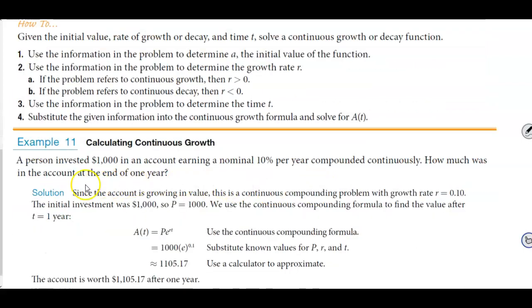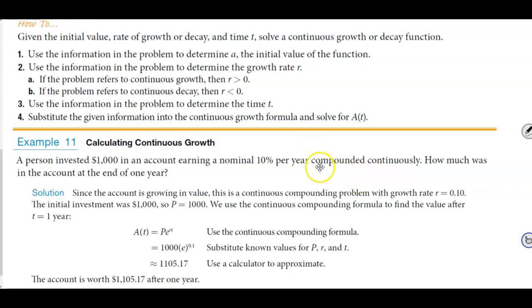So for example 11, it says a person invested $1,000 in an account earning a nominal 10% per year, compounded continuously. How much was in the account at the end of 1 year? So if you recall from the previous example, in example 10, or the ones before that, we had the compound interest formula.